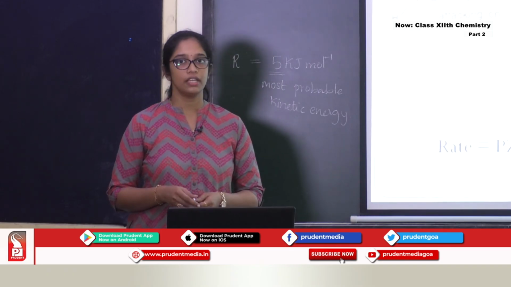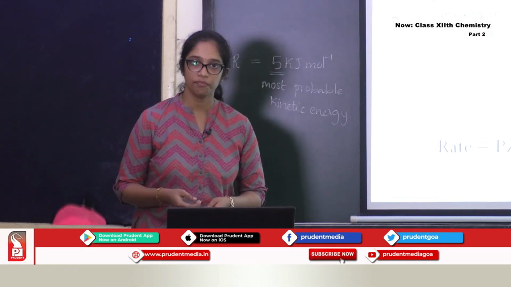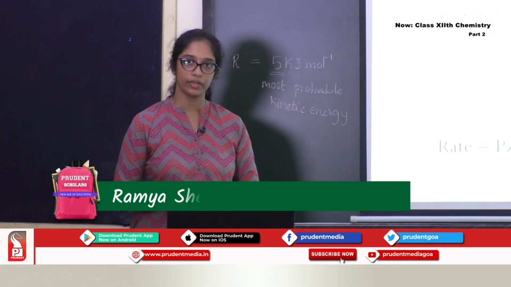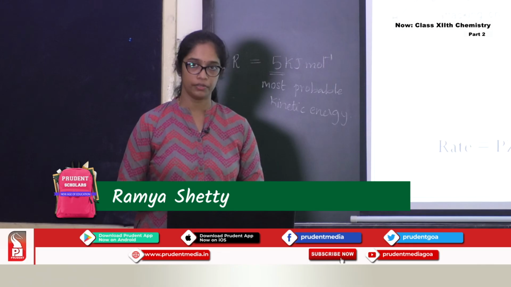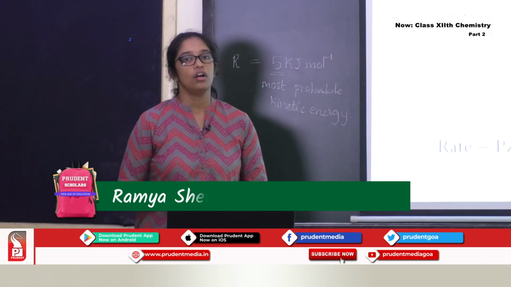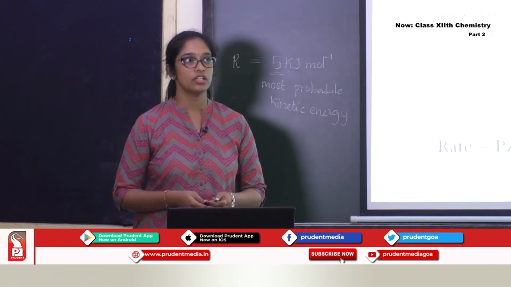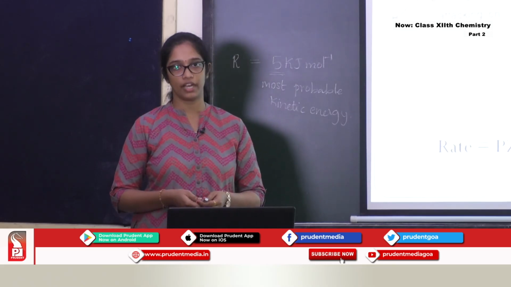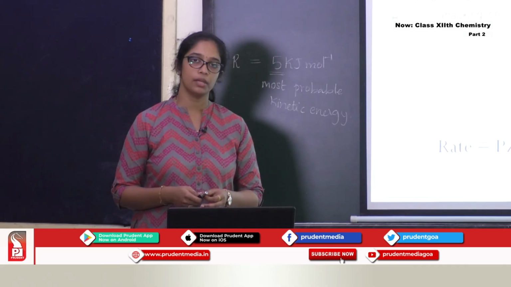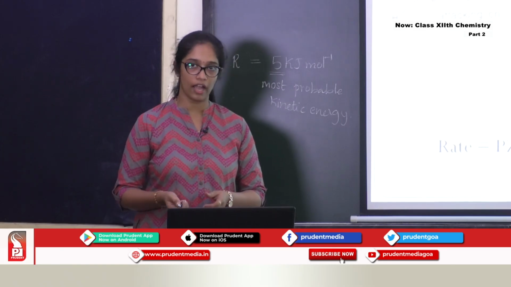Now, you can be expected to solve problems based on the equations that were derived in the first part of this chapter, and also on the equation that we have mentioned for temperature affecting rate of a reaction, wherein you can be asked to calculate activation energy.